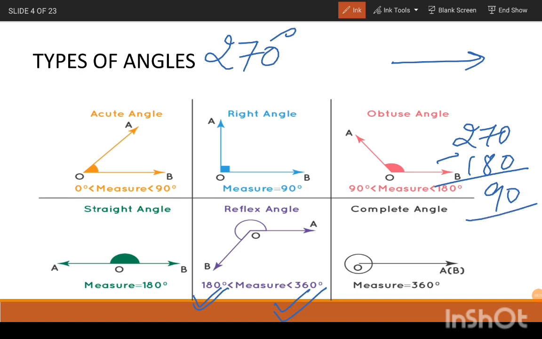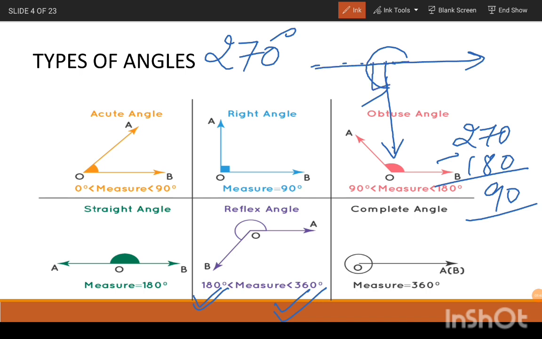So 270 is greater than 180 by 90 degrees. If this is 180 degrees, a straight line, then after the straight line I have to make one 90 degree angle, this L shape. Now this is 270 degrees, because this is 180 plus 90.